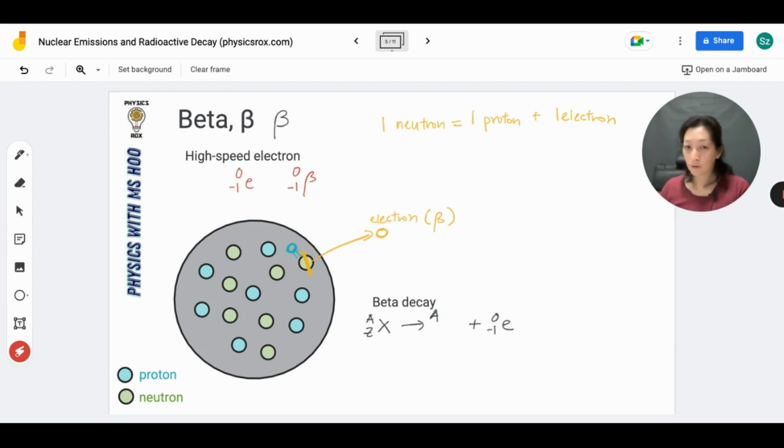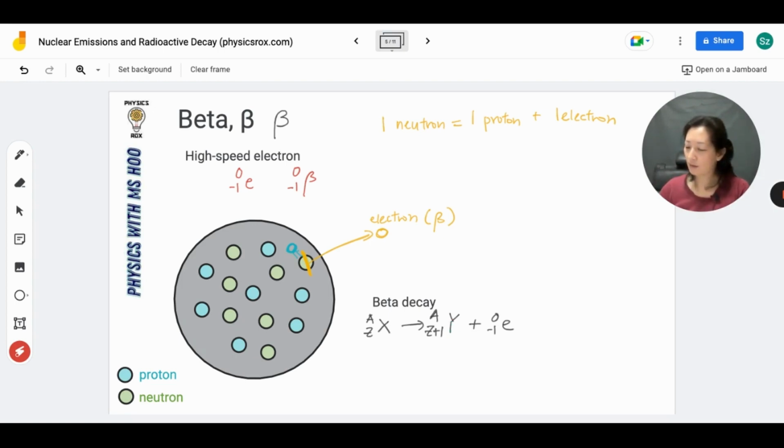The number of protons, on the other hand, has increased by 1, which means the number of protons now is Z plus 1. Has the element changed? Yes, because the type of element depends on the number of protons. So if the number of protons has changed, so has the element. To represent the different element, I'm going to write Y.